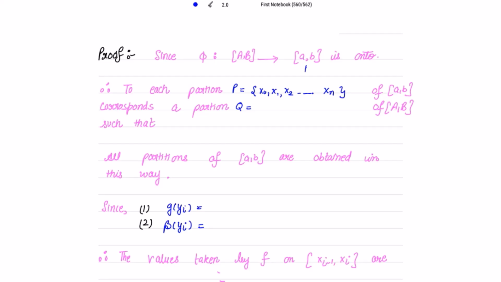This is a partition for this closed interval. So here the partition is P. So to each partition P, there corresponds a partition Q of this closed interval capital AB.